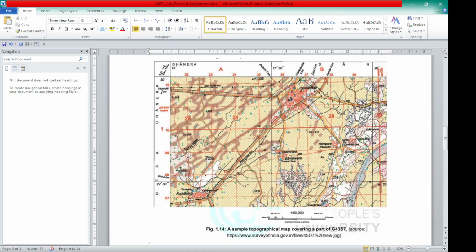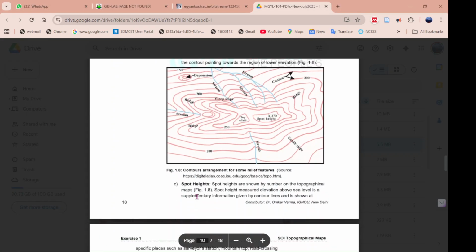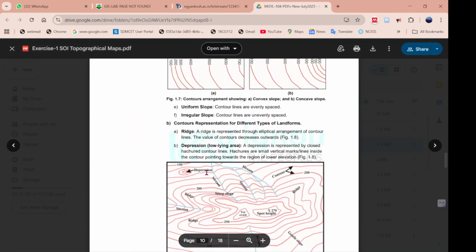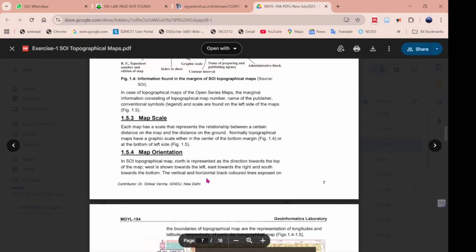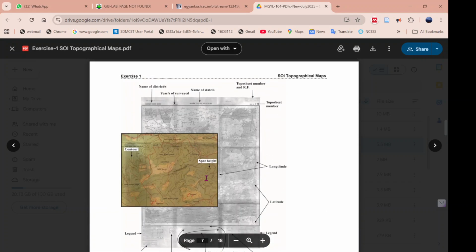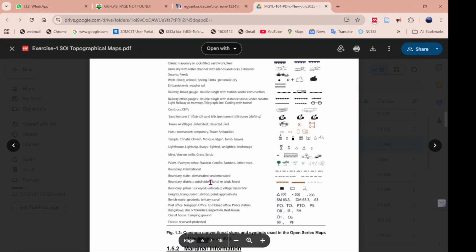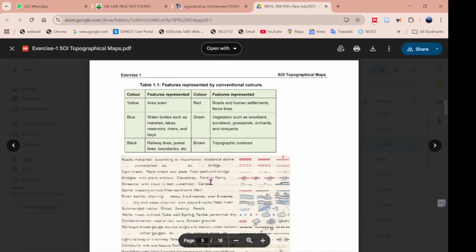Here I'm trying to identify if there are any contour lines, but I'm not able to find any. But let us yet again go back, because there was one table also. So we can maybe take help from the table. Here we have contours. There are some spot heights.